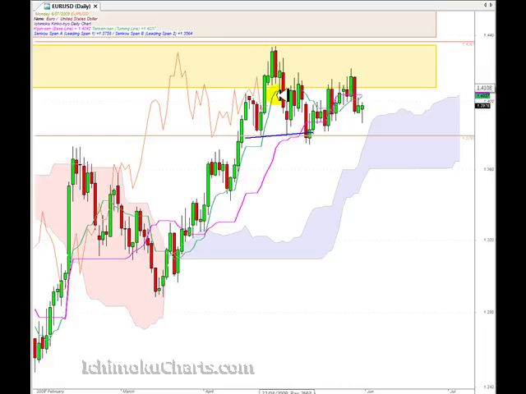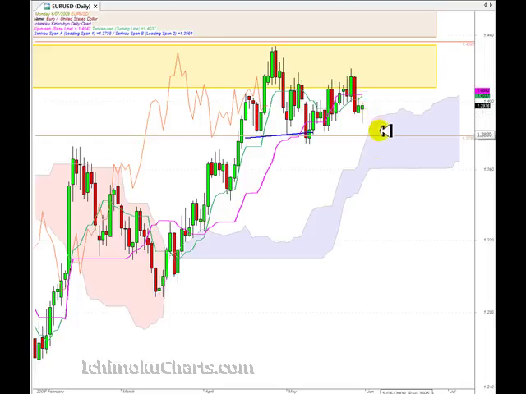But this zone here, anything can happen once the market trades within this zone, because this zone has been so strong when the market's approached in there, and it's been sold off quite strongly.